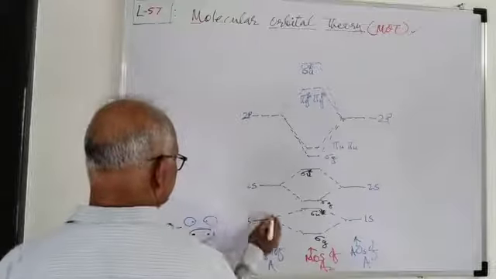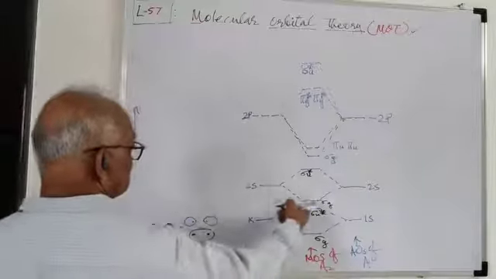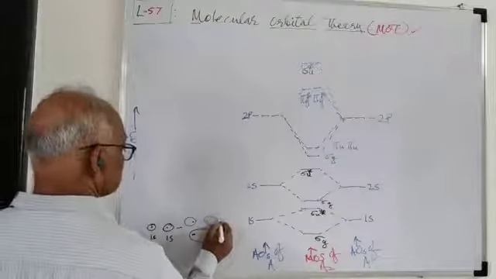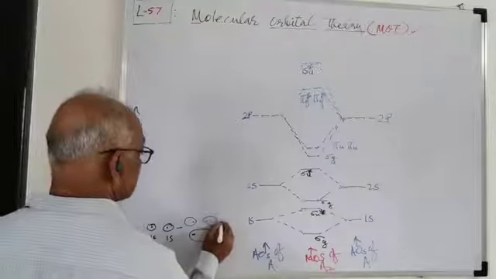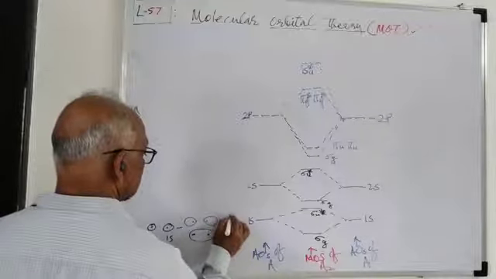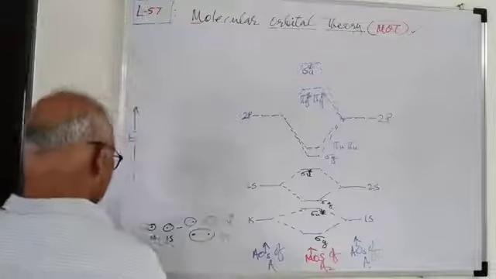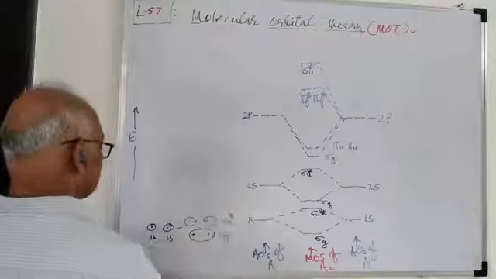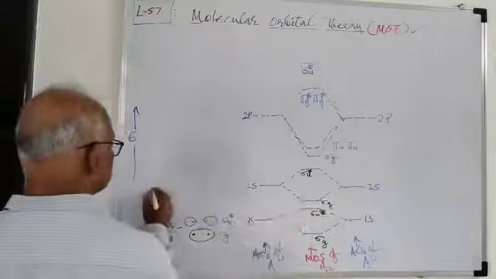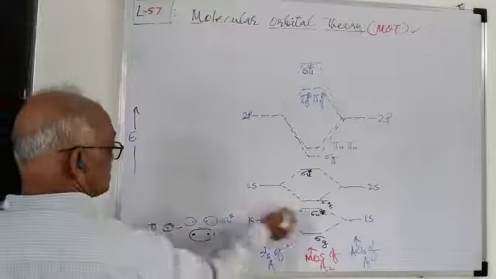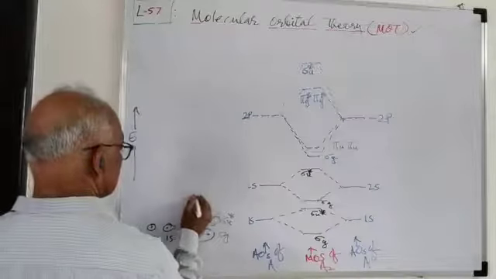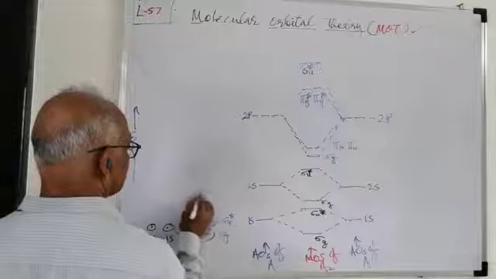So these are the sigma G and sigma U. So you will find here sigma G and sigma star U. Then similarly is the case here. So there is 2s orbital. So you will have 2s, and there is formation of the bonding molecular orbital like this.